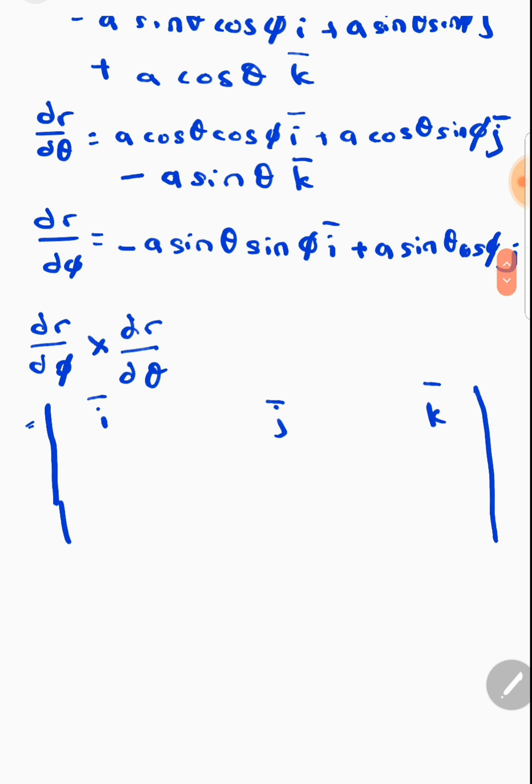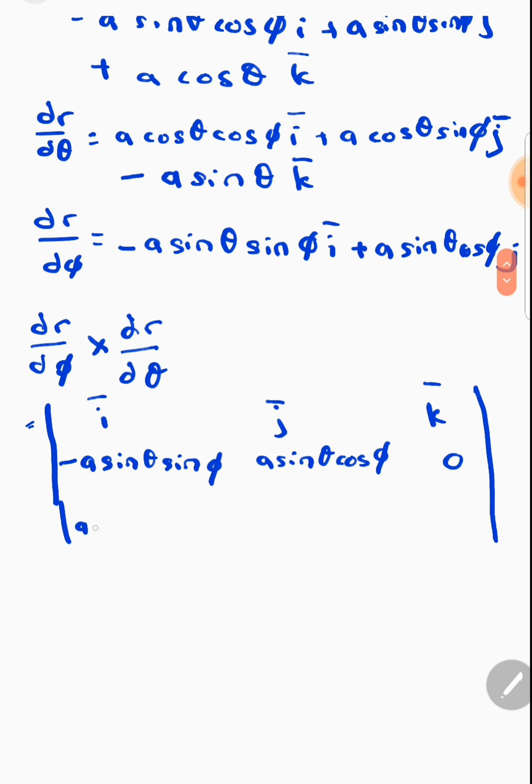So let's start with d phi. For d phi, I have negative a sine theta sine phi, a sine theta cos phi, and 0. Then dr d theta, I'm going to place these in the first, second, and third place respectively.